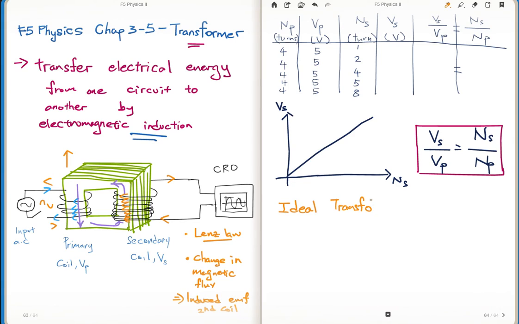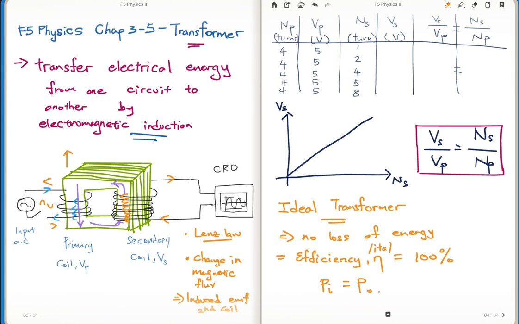So when there's no loss of energy, therefore the efficiency, symbol eta, would be 100%, ideally, okay? So meaning the input power will be the same as the output power. Just bear in mind.